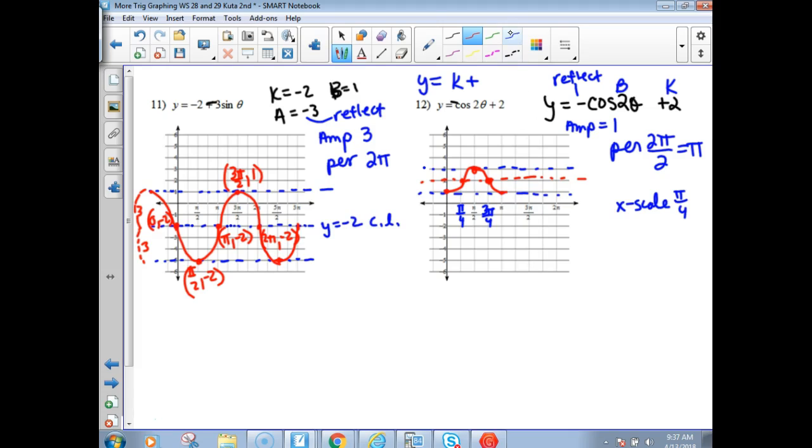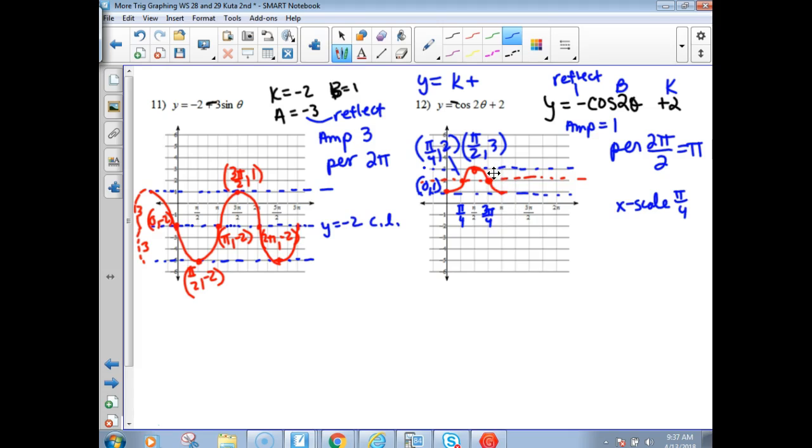Okay, so that would be one cycle. So the first point is 0, 1. The second point, pi over 4, 2. Oh, this is hard to fit in here. Third one's at pi over 2, 3.